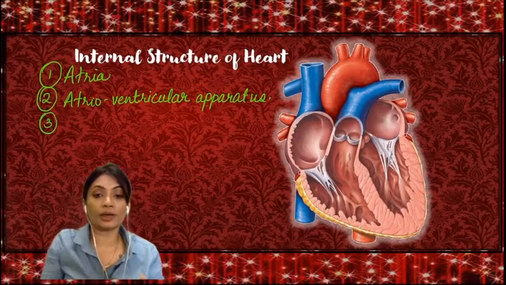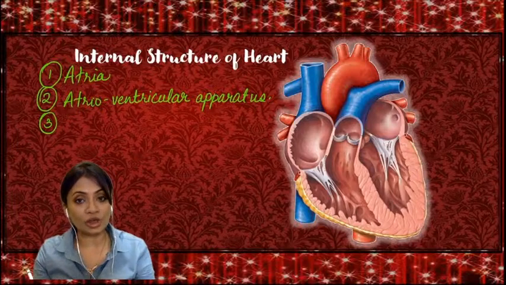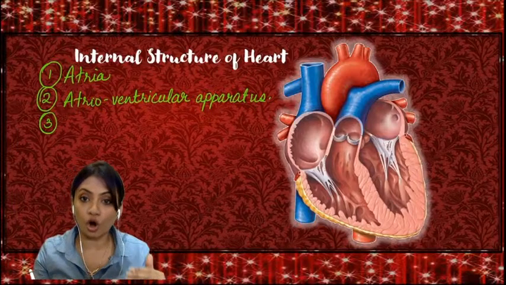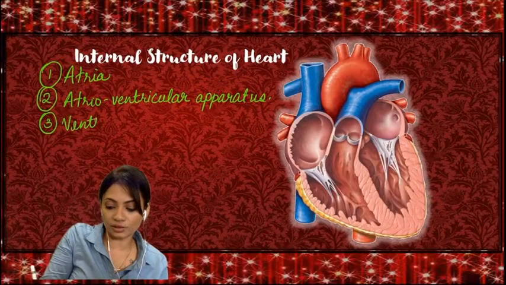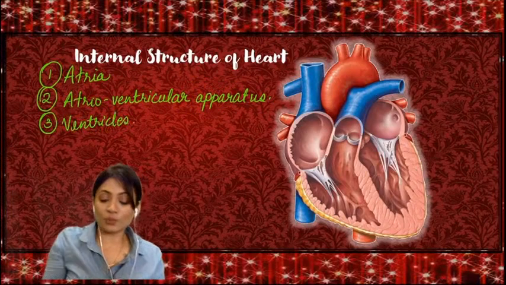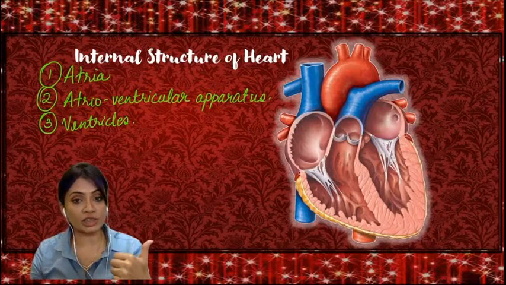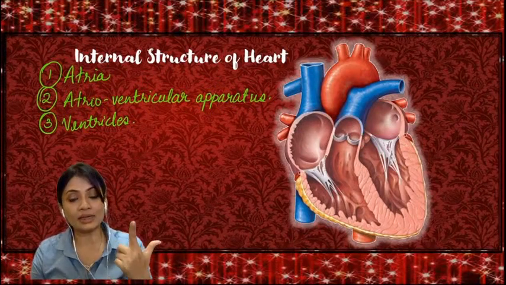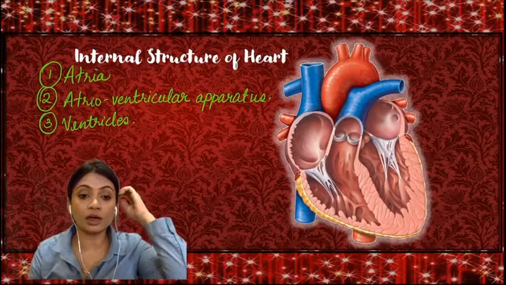Then the third one, the chambers below, we're going to be talking about the internal structure of those ventricles. So the chambers below are the ventricles. So we have this whole topic divided into 3 regions: first the atria, second the atrioventricular apparatus, and third we will be learning about the ventricles.